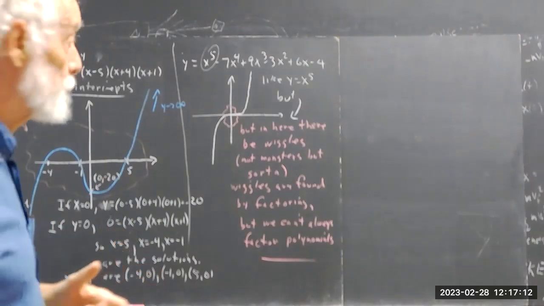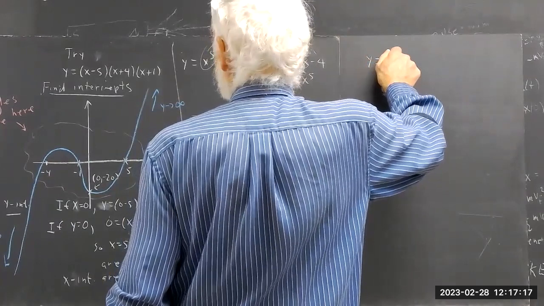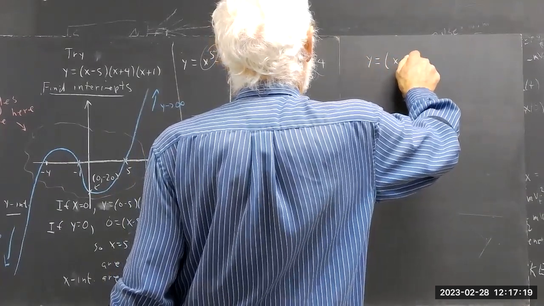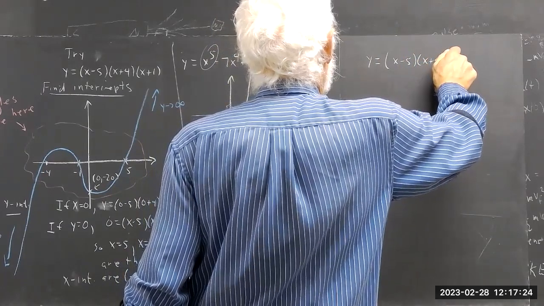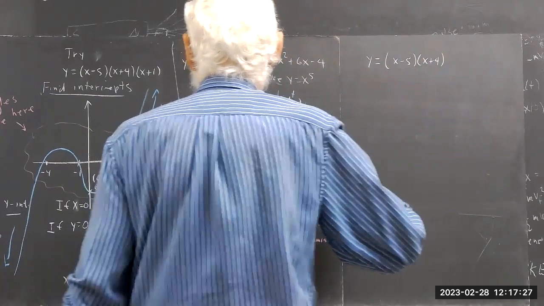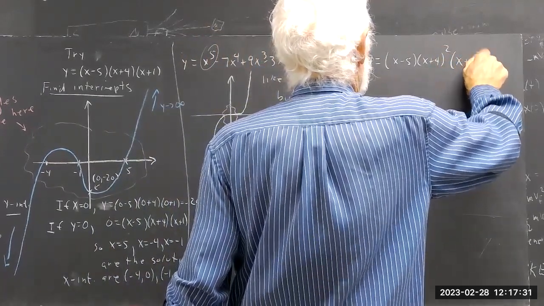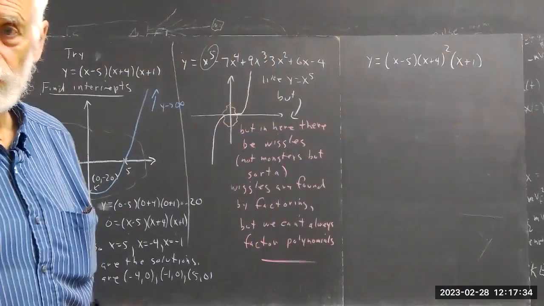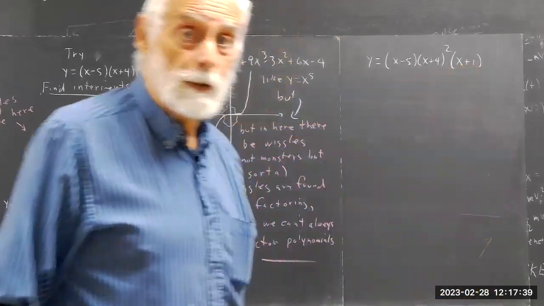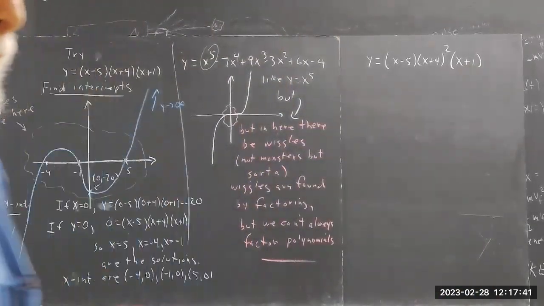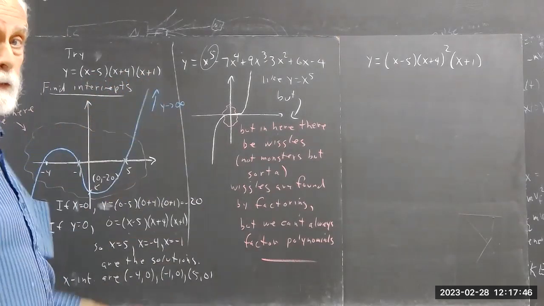Let's contrast this with what we get if we do y equals x minus 5 times x plus 4 squared times x plus 1. Now, how does this differ? I've got the same factors, x minus 5, x plus 4, and x plus 1.